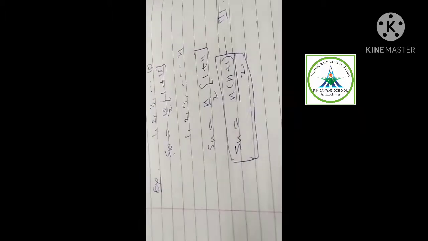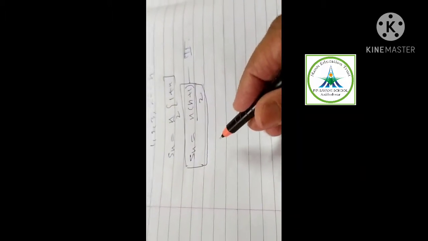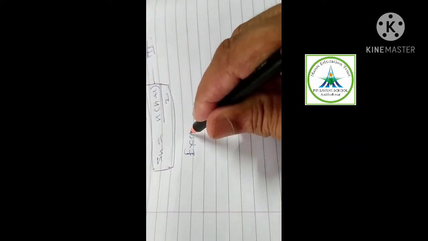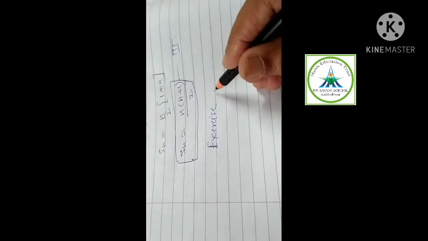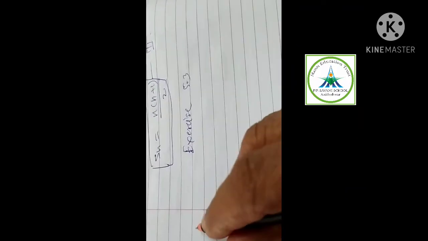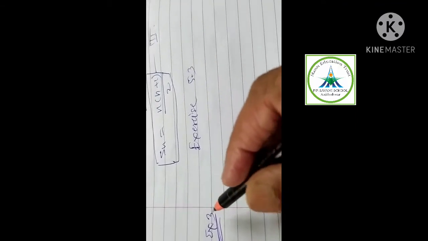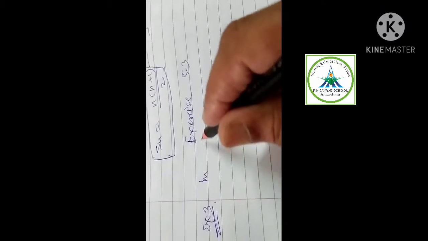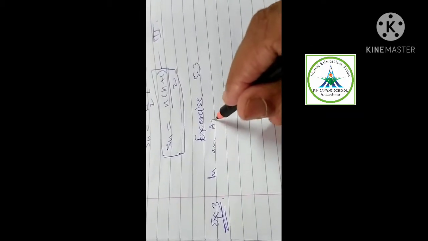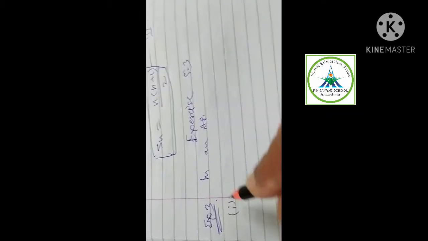First and second we did. Exercise 5.3, example number 3. Okay? Let us take it now. It is given in the textbook, in an AP. I am taking the first part. Look there.